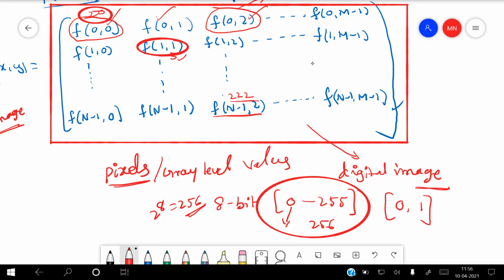Whatever the value, like 222, finally it will be equated to 0 or 1 only. So each and every element is called a pixel value, and for an 8-bit image it is 0 to 255.